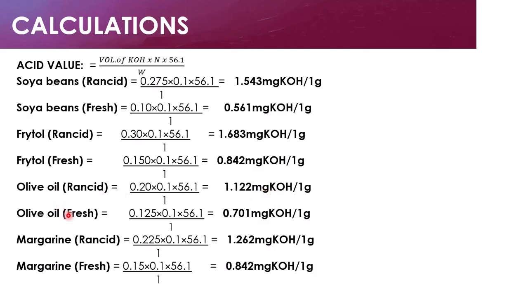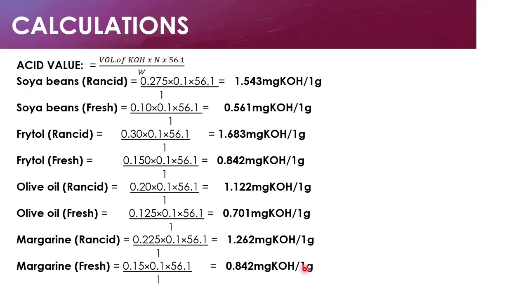And for the fresh olive oil, we have an acid value of 0.701 milligrams of potassium hydroxide per 1 gram. For the rancid margarine, we have an acid value of 1.262 milligrams of potassium hydroxide per 1 gram. And for the fresh margarine, we have an acid value of 0.842 milligrams of potassium hydroxide per 1 gram.